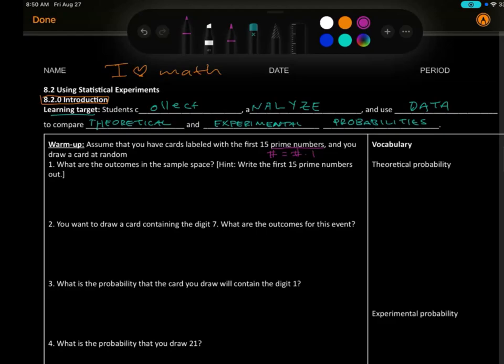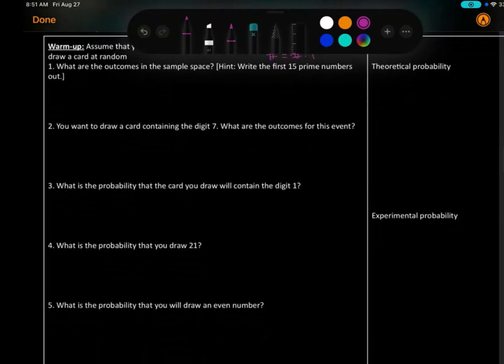So for example, the first prime number is going to be 2, because 2 times 1 equals that number, 2. How about 49? It is not a prime number because that would be like 7 times 7. Those are the other factors. So go ahead and press pause. Go ahead and do questions 1 to 5 and we'll go over those together.